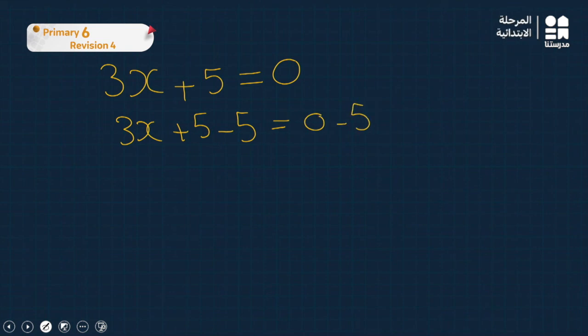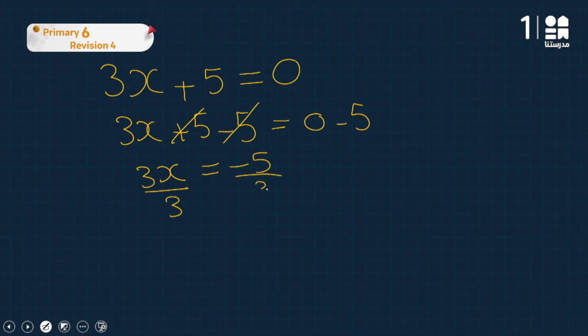Negative 5. So it will be cancelled, so it will be 3x equal negative 5. So I want to find the value of x, so I will divide by 3 for both sides. Now x will be negative 5 out of 3.